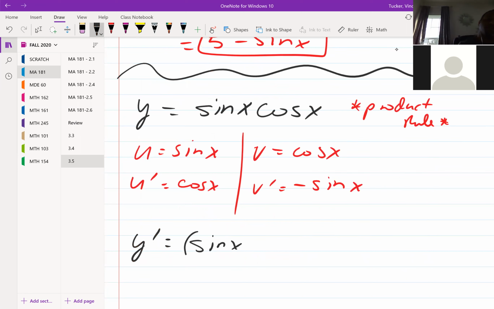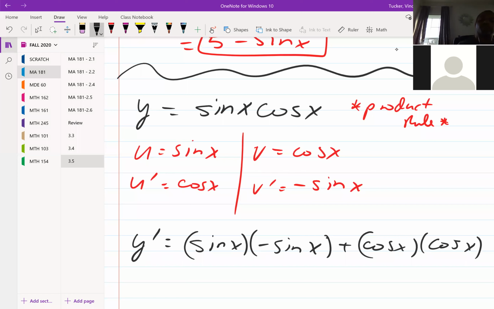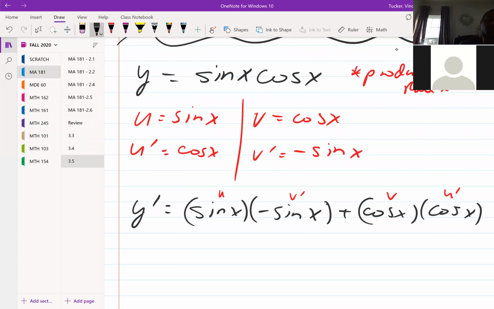So it's u times v prime plus v times u prime. That gives sine times negative sine, so negative sine squared x, plus cosine squared x.